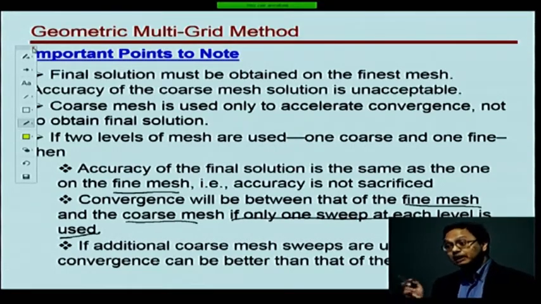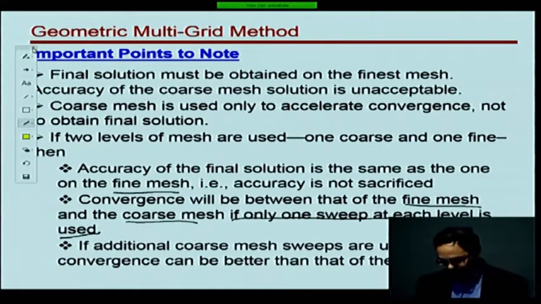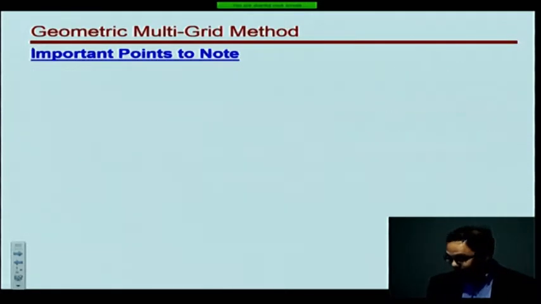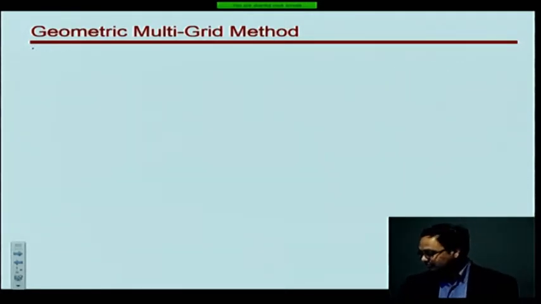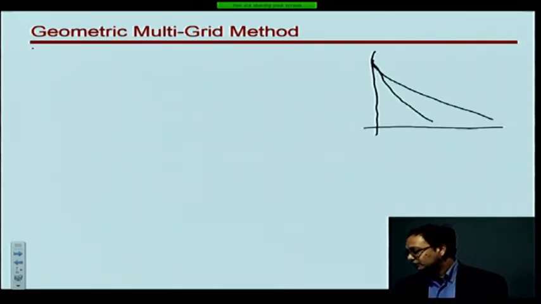So if you think about your convergence plots, okay, let me just go up here and blank this and plot this. So if you think about your convergence plots, fine mesh, you got this. Coarse mesh, you got that. Multigrid solution is going to be somewhere in between if you use one sweep of the coarse mesh.